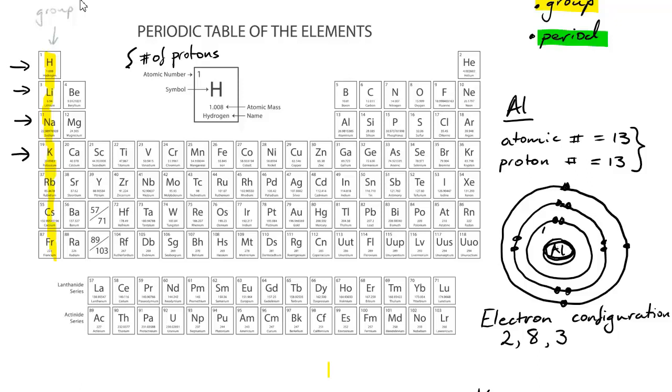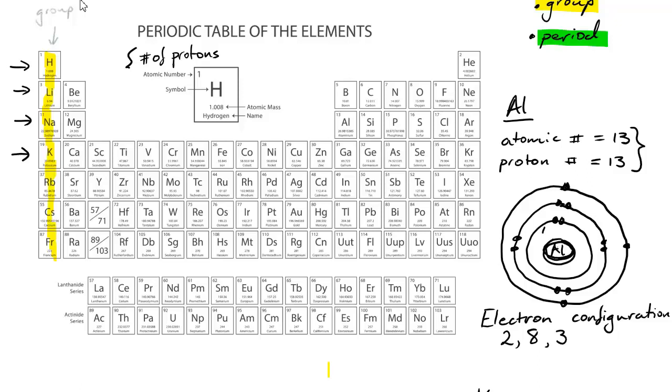The difference between potassium and sodium is that sodium actually only has 3 shells because it's in the third period, whereas potassium has 4 shells because it's in the fourth period. But both of these have only one electron in the outer shell.